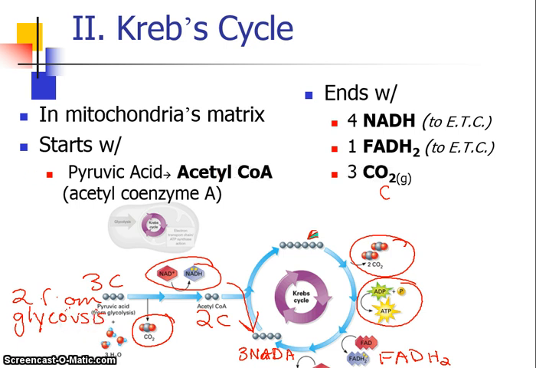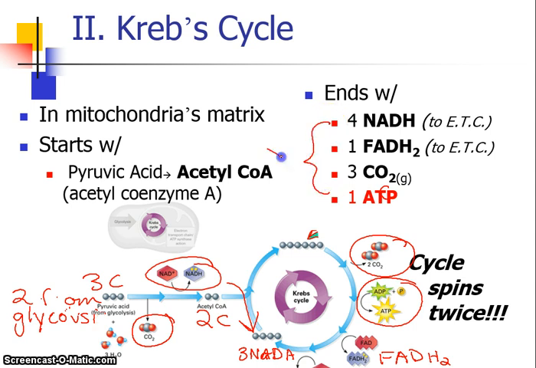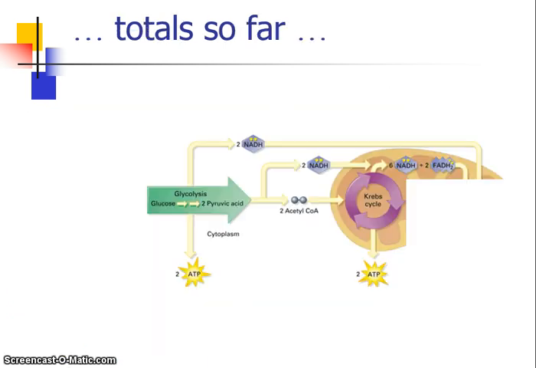So that means we need to run the system 2 times. So for all of this input, you're going to double these numbers. So what are our totals so far?